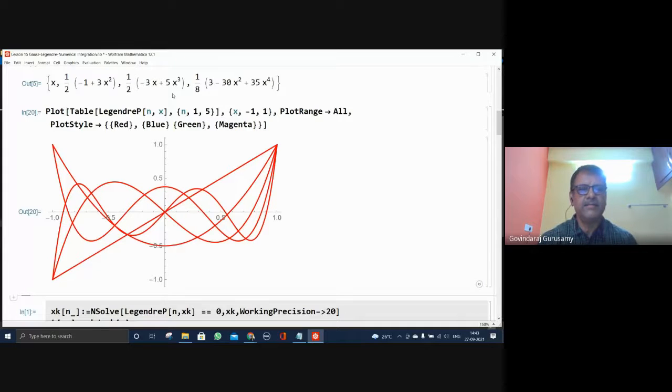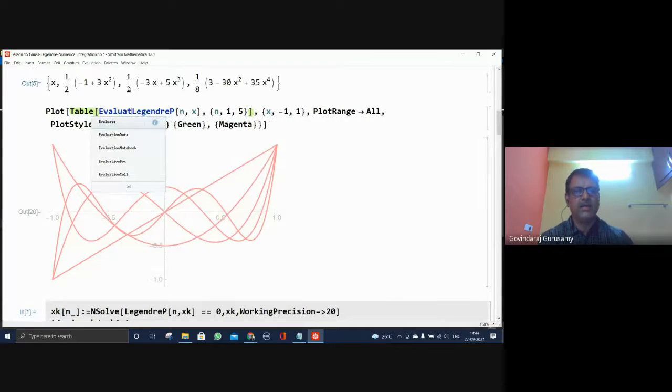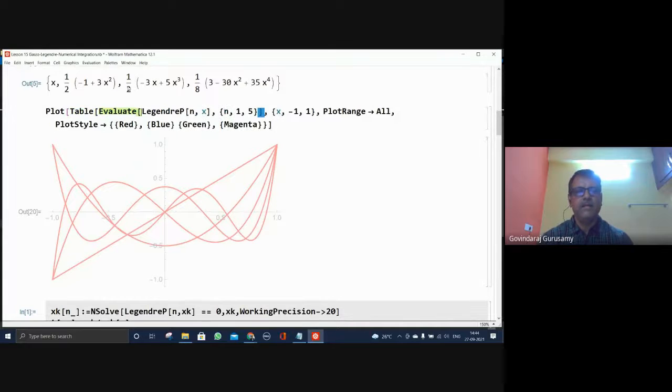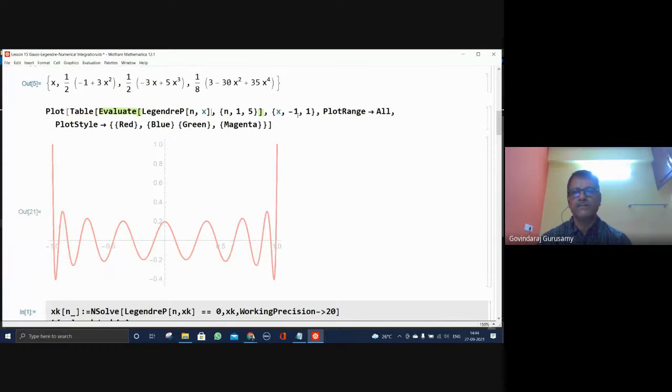What happened? All of them are showing the same color. It has taken only the red. So what should we do? We will add evaluate. We will evaluate one by one. Then see what is happening. No, I've given only one. Evaluate.